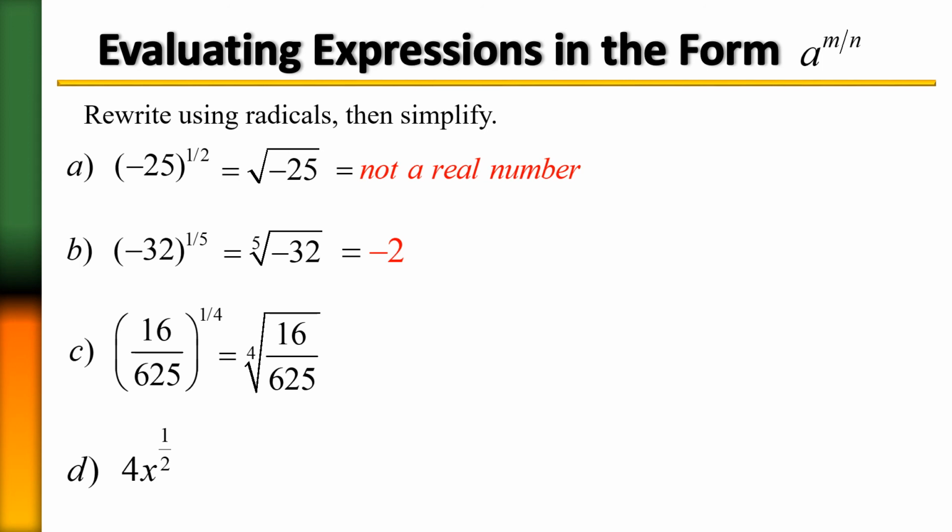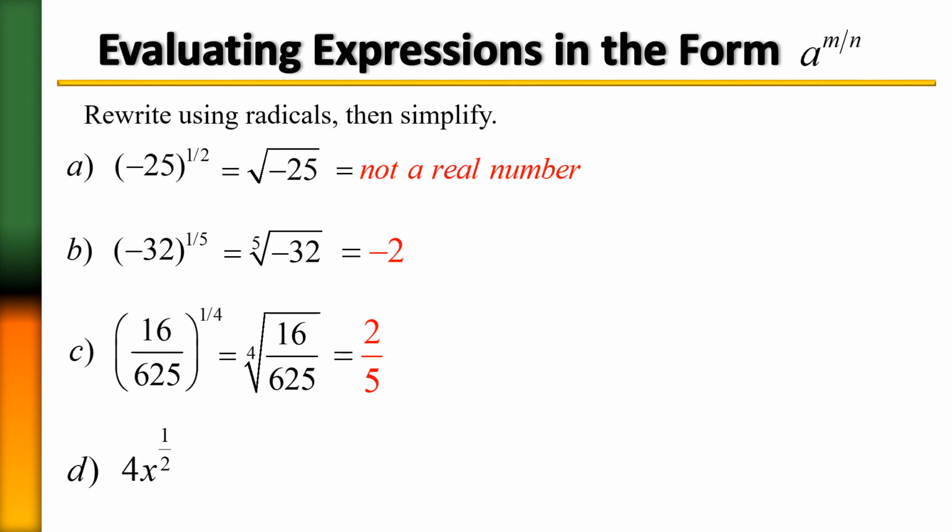Starting with the top, you're looking for a number that when you multiply it 4 times, it will equal 16. And for the bottom, you're looking for a number that when you multiply it 4 times will equal 625. Now it's going to be a fraction, and when you solve it, you don't need the radical symbol. So the answer is simply 2/5. Because if you were to multiply 2 4 times, you're going to get 16. If you multiply 5 4 times, you're going to get 625.